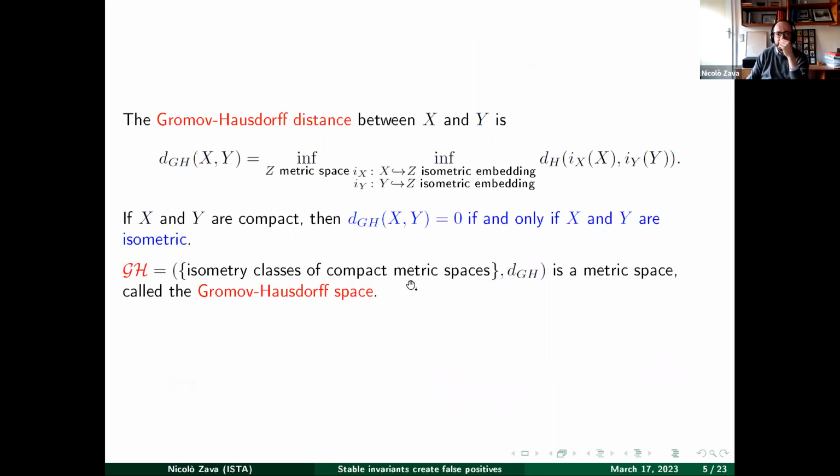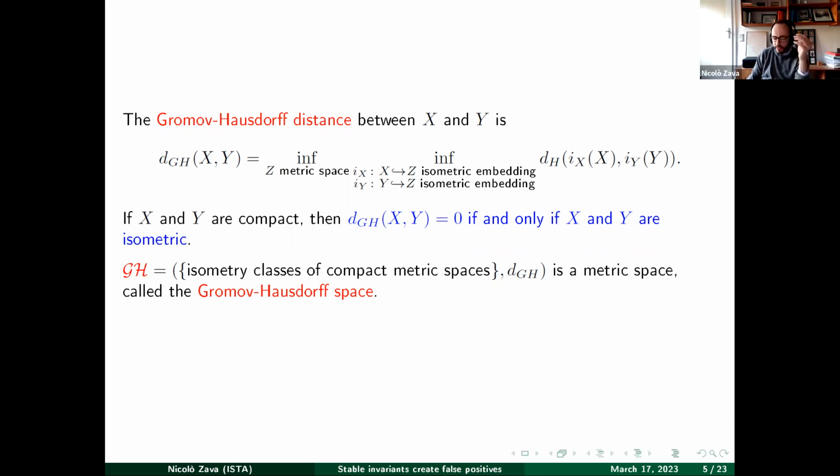Anyways, this distance is actually a metric if we restrict ourselves to compact spaces. It is known that if X and Y are compact, then the Gromov-Hausdorff distance between them is 0 if and only if X and Y are isometric. Therefore, the space of isometry classes of compact metric spaces endowed with the Gromov-Hausdorff distance is actually a metric space, sometimes called the Gromov-Hausdorff space.